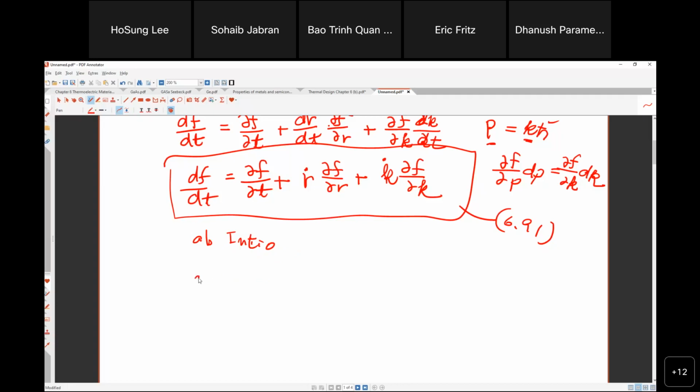What is the total differential derivative df dt? It's a kind of assumption that people make now, that this is partial dt and collision.